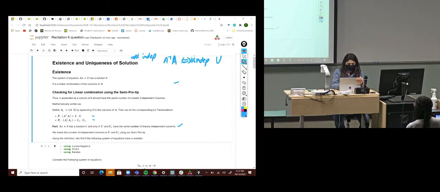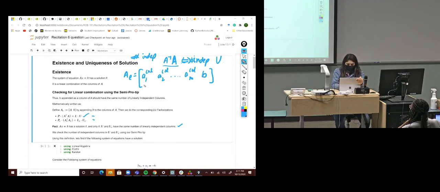So if we know that, I'm going to make a matrix A transpose A which will have an LU decomposition given by LU. And I'll make another matrix where I'll add B as a column of A. So then my AE essentially becomes the first column of A, second column of A, up to the mth column of A, and finally the vector B.